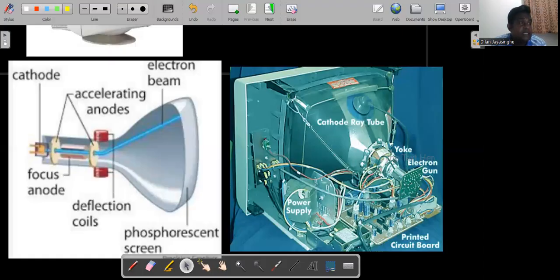According to the binary signals received to the monitor, cathode generates electrons, right?